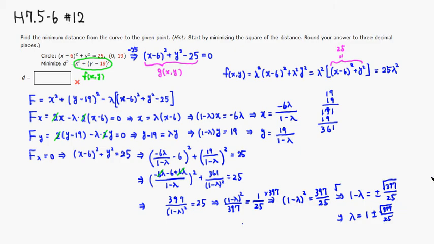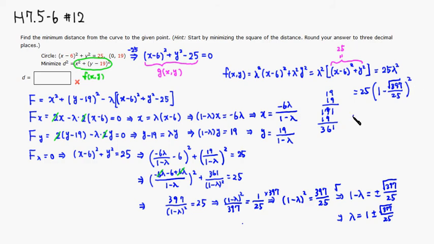We want lambda squared to be as small as possible, so I'm going to take the negative version. So this is going to be 25 times 1 minus the square root of 397 over 25, squared.